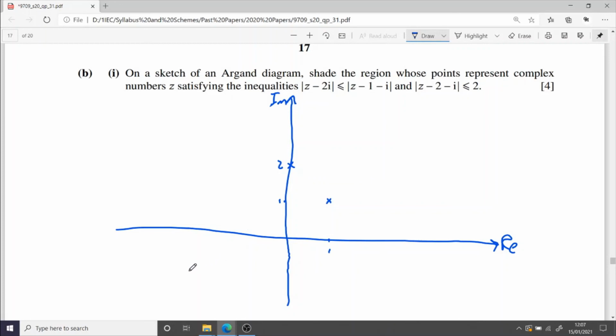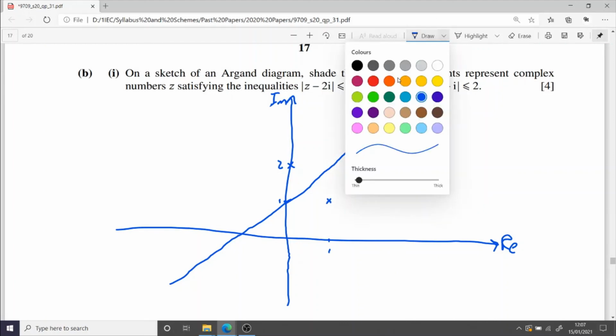Let's try and get this as close to a 45-degree angle as possible. There we go. So that's our first part, and we want the points that are closer to 2i than to 1 plus i. So we would be looking at this side of the line here, the top left side.